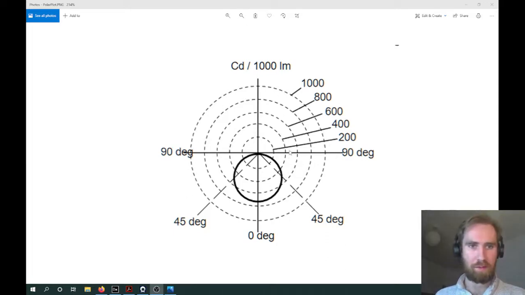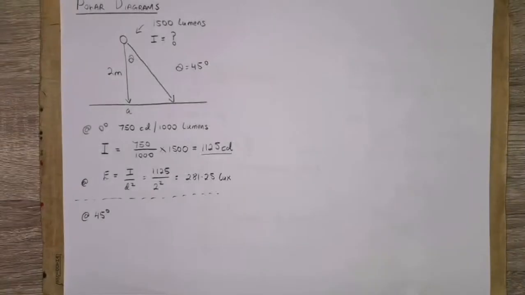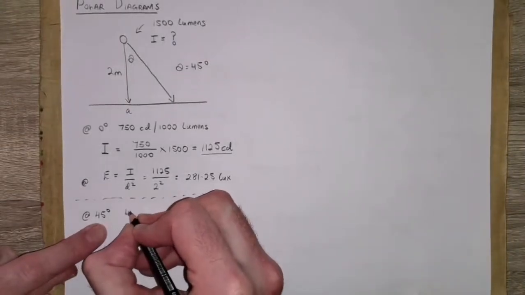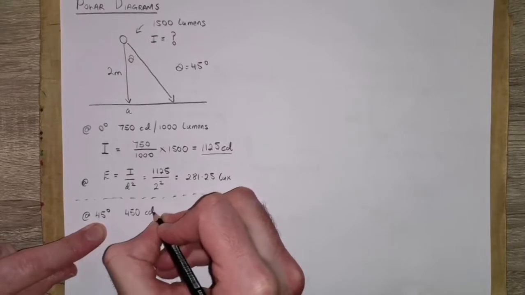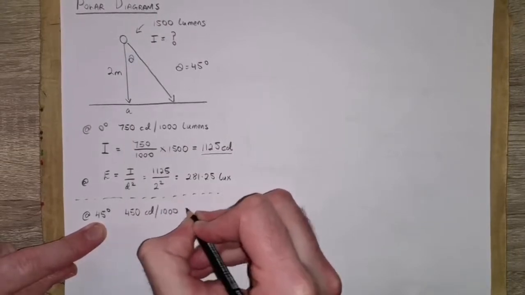So come around here, somewhere between there, it's about 450. So with that information, we can go back and say, right, well, that's 450 candela per 1000 lumens.